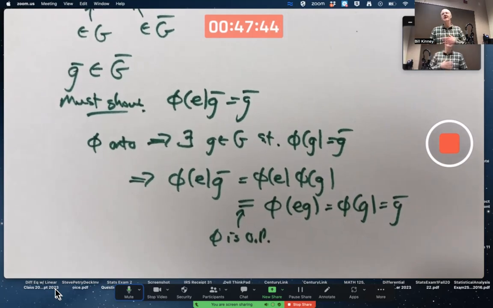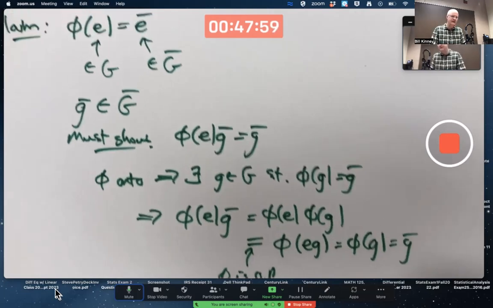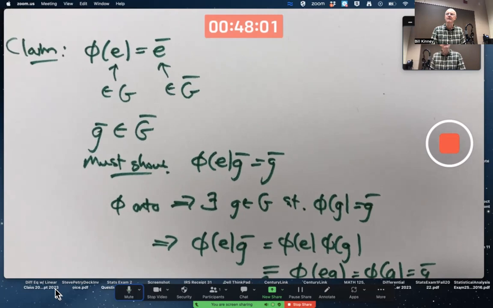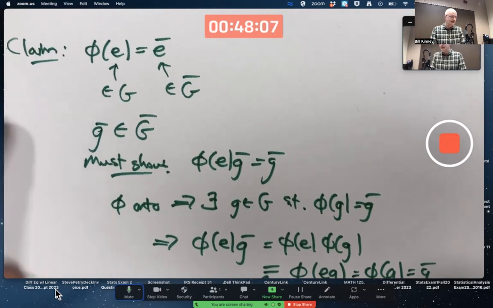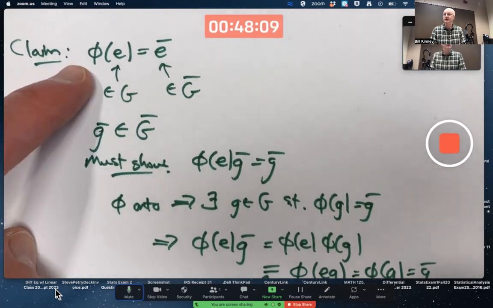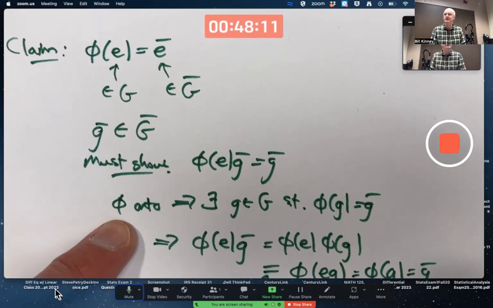But it's actually going to turn out later in this class, after spring break, in fact, that you actually don't need to use the fact that such a mapping is onto to prove it maps E to E bar. There's going to be a generalization of the idea of an isomorphism to what's called a homomorphism, where this kind of thing will still be true and the function won't necessarily be onto.